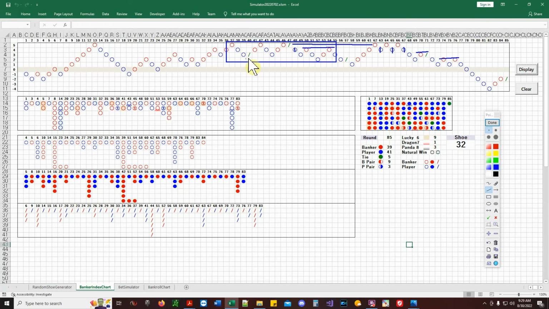I just wanted to do this video, do some exercises, and show you guys what I'm looking for inside of ranges. And the approach I use, whether I'm on the banker side or player side, this is a perfect example. Look where this resistance started.